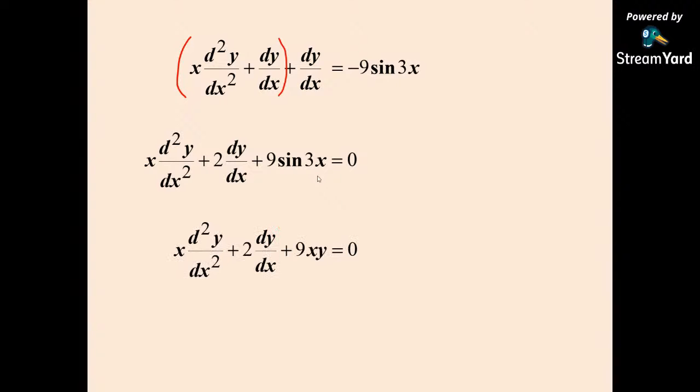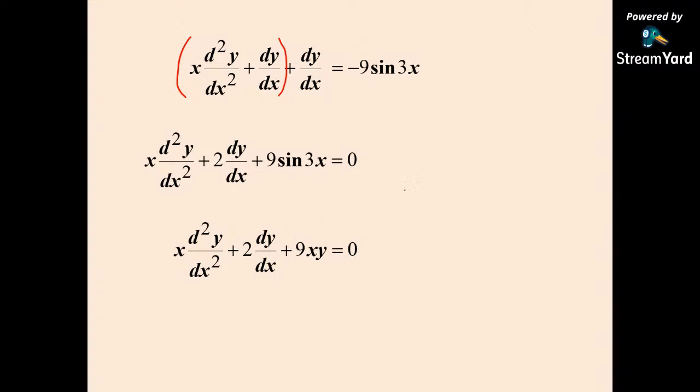So this actually comes from the product rule that we have before this. Okay, and then of course I'm going to bring everything to the left hand side. So we have x d2y over dx square plus with 2 dy over dx plus with 9 sine of 3x, and this is equal to 0.